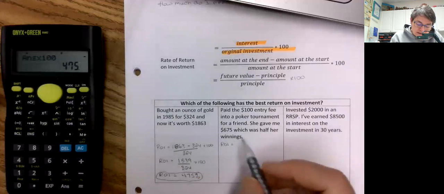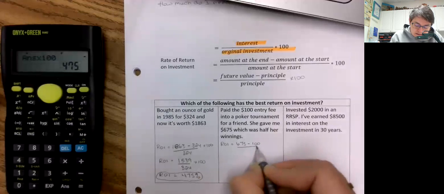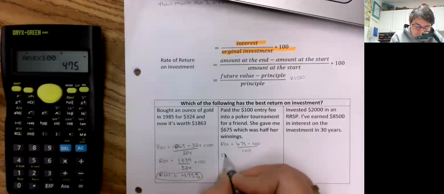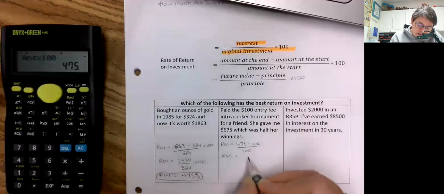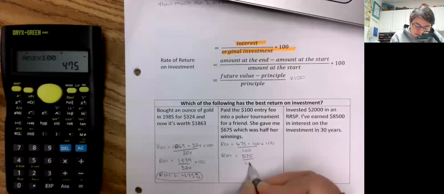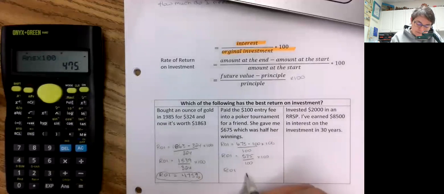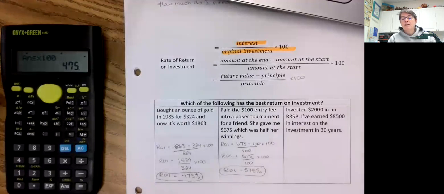All right, so I had 675 at the end, minus 100, over 100, times 100. Well, that's going to give me 575%. So that's a pretty good deal. So my return on my investment there is 575%.